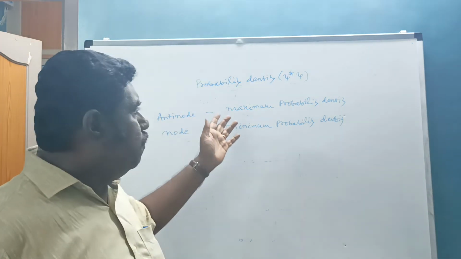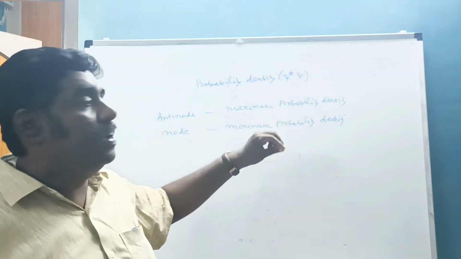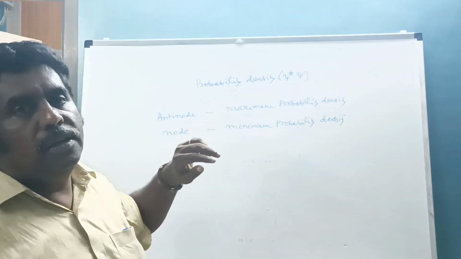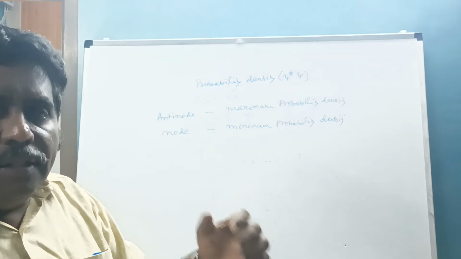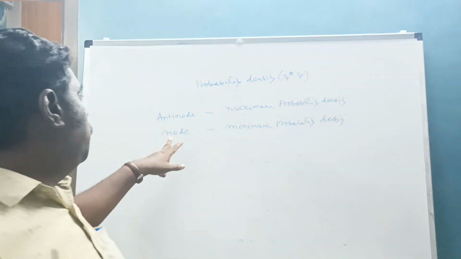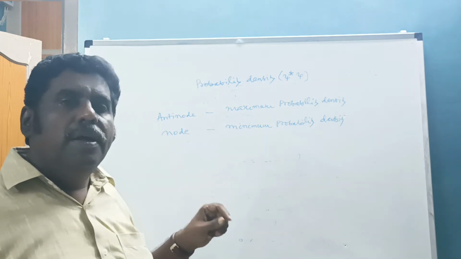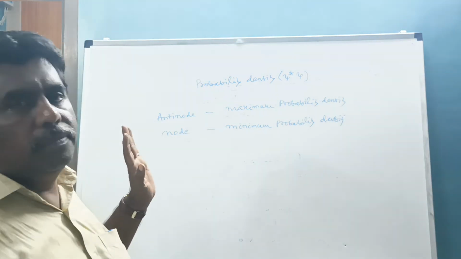Antinode is a point of maximum probability density, which means that the probability of finding the particle is maximum at that point. If a point is specified as a node, the probability of finding the particle is 0 at that point.